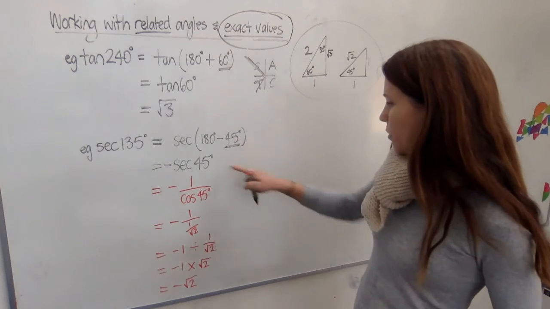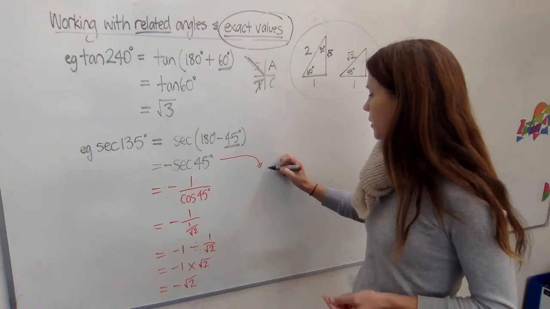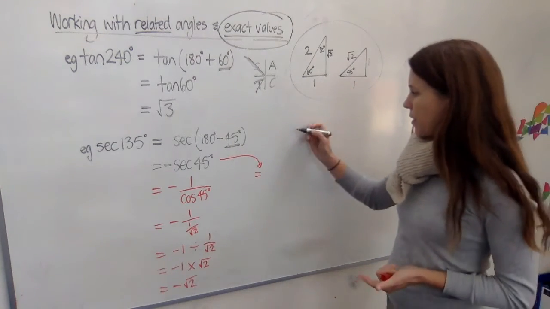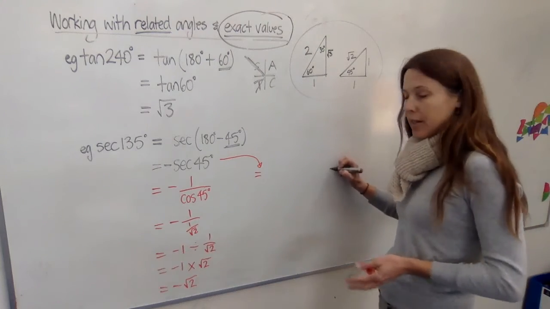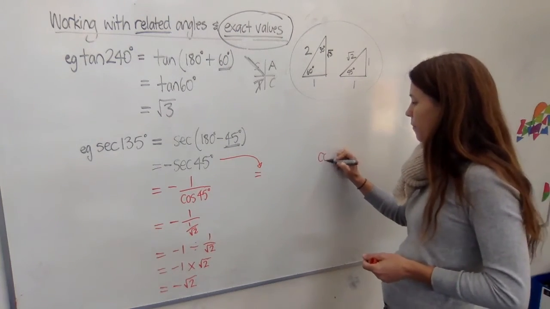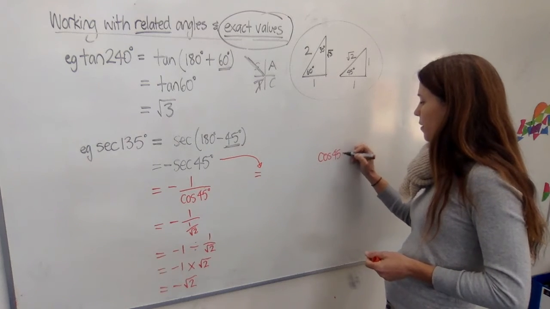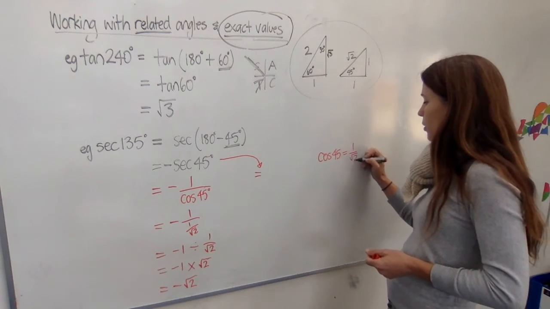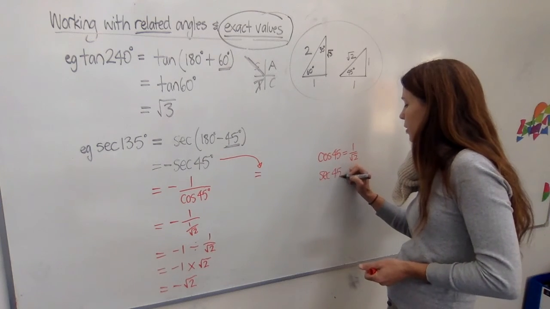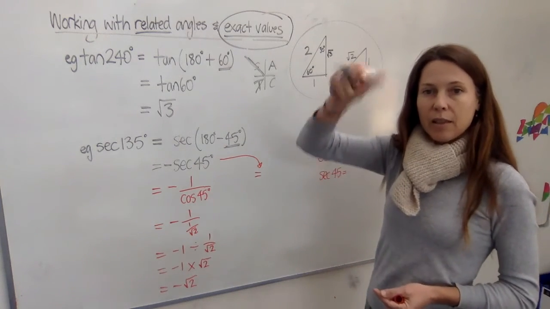How else could you do it? Well, from this point here, we could also say, all right, if I know, and you might write this separately, like over on the side, so the examiner can still see it's part of the same thing, but it's a separate bit of working. If cos of 45 equals 1 over root 2, then sec 45, which is its reciprocal, is the flipper of that.